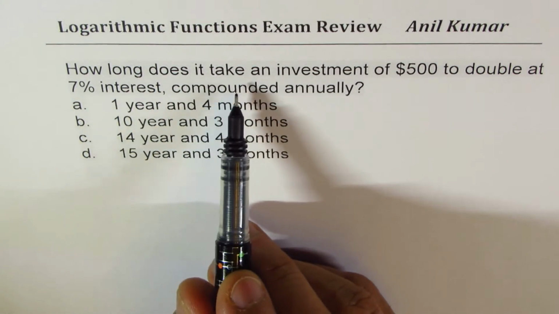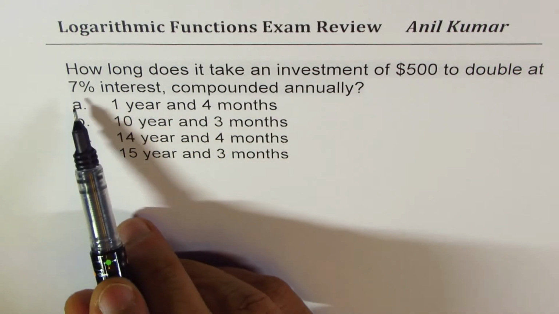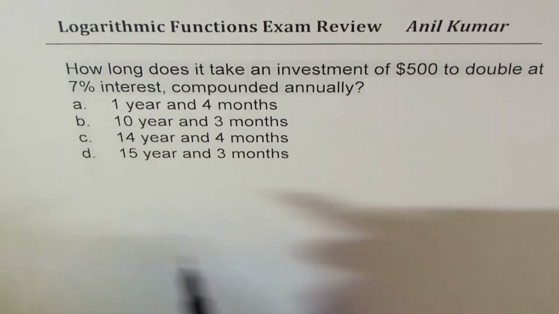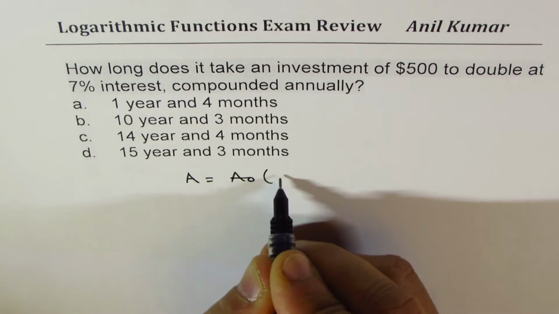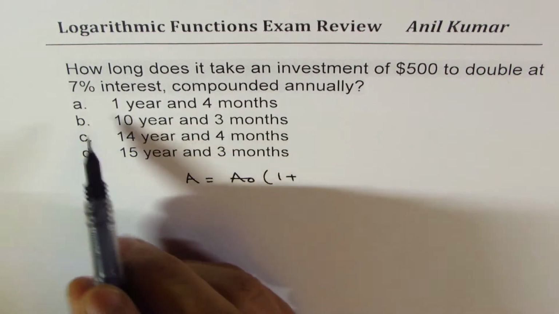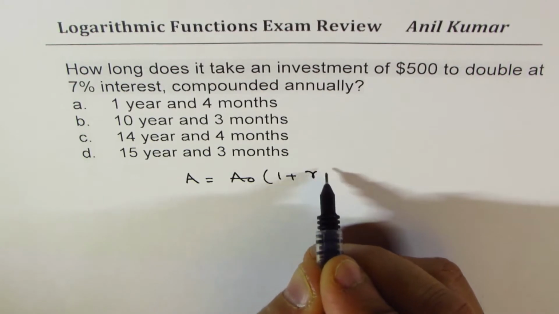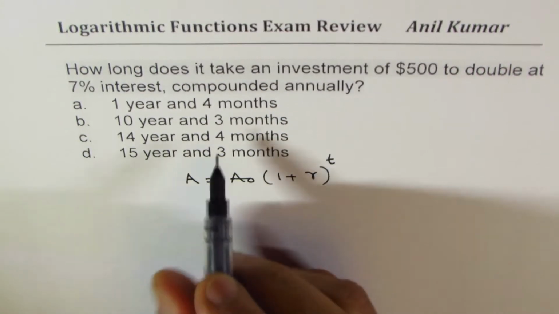Now here's a simple word problem. How long does it take an investment of $500 to double at 7% interest compounded annually? So the formula is amount A is the initial amount times 1 plus the rate of interest, which is 7%, right? Now it's compounded annually, so just t here.